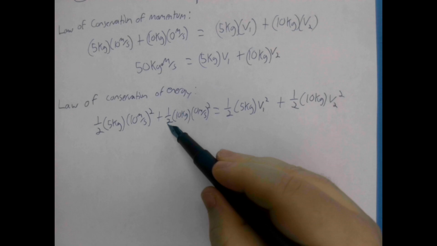Alright, I'm going to remove units to make these easier. So we have 50 equals 5 v1 plus 10 v2. And we have 250 is equal to 2.5 times v1 squared plus 5 v2 squared.